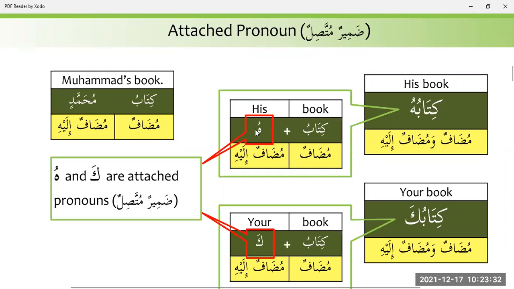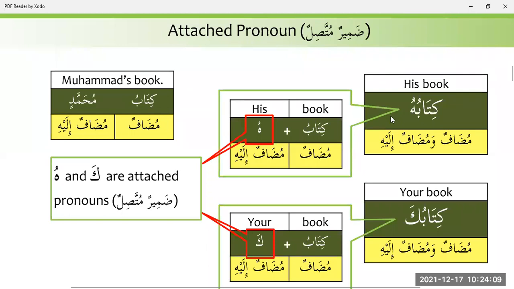So here, hu, and in the example down here, kitabuka, your book. And this is ka here, the attached pronoun of anta. Kitabuka, your book. Hu and ka are attached pronouns. They can attach with a noun. Kitabuhu.